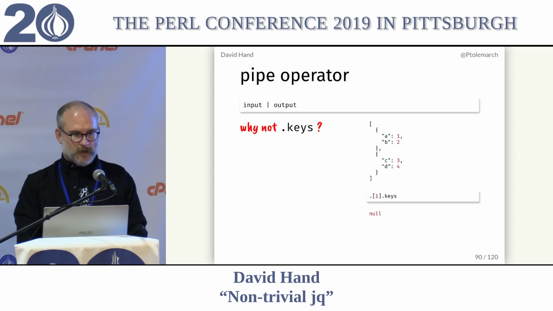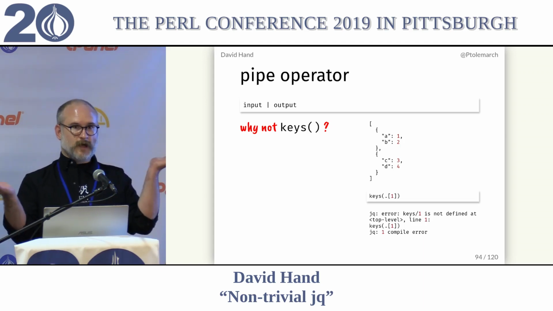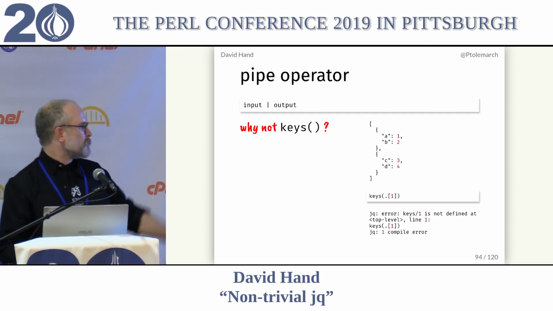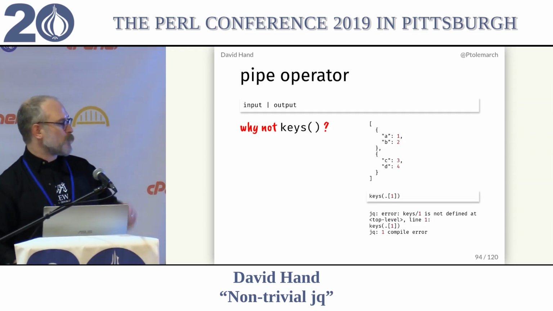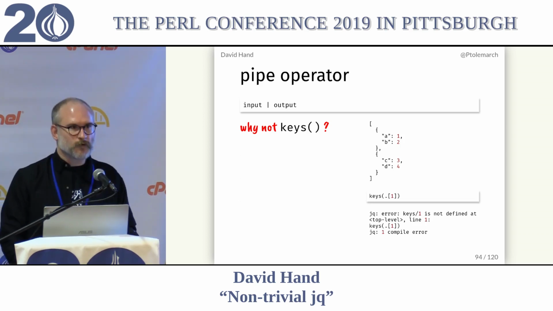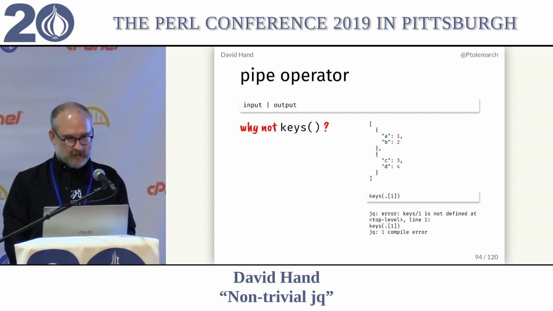So in this particular case, we see that there is no such function defined called keys that takes one argument, which is what keys/1 means in JQ error speak, which is the worst error message. Like the error messages are like 1998 tar level bad.